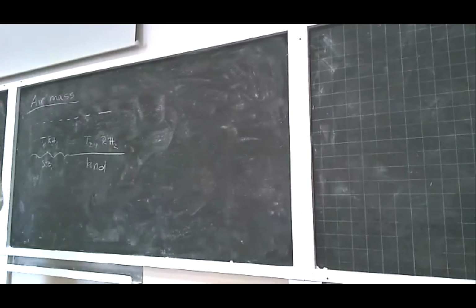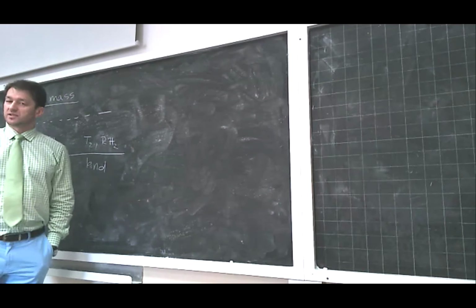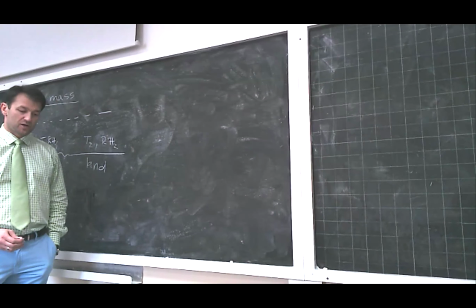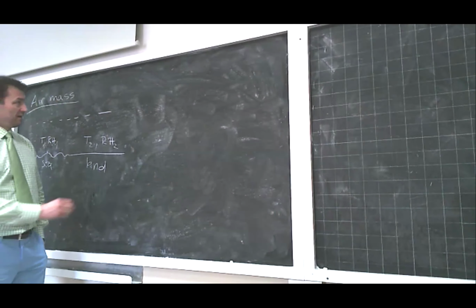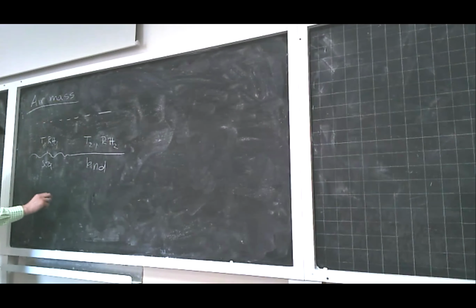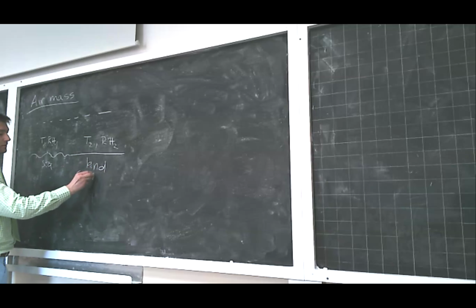So there are some principal air masses on our planet, and you can see their exact names in the chapter that I assign after this lecture. But in principle, from what we said, one fundamental type of air mass is land, and we call those continental.